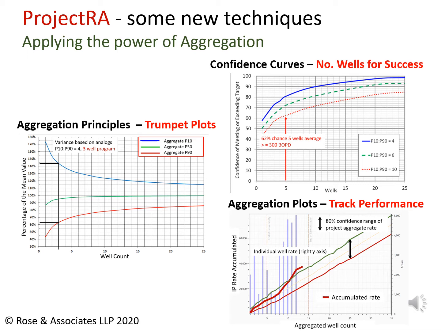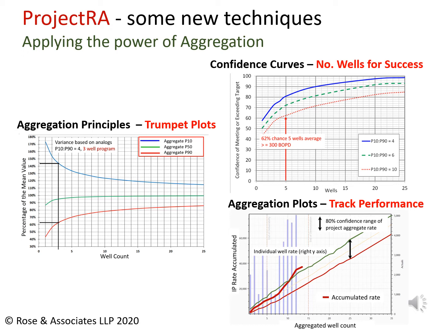These are all going to take advantage of the statistical notion of aggregation. And we have a couple examples of these tools shown on this slide. On the left is what we call a trumpet plot, which shows the relationship between uncertainty and number of wells. And this can be both important in future projections and evaluating things like the sample size that we use to develop our type curves.